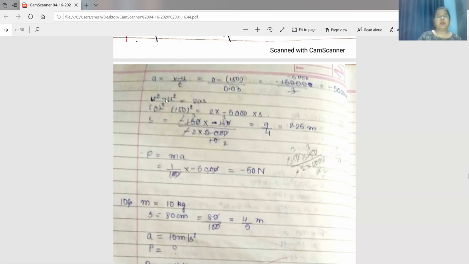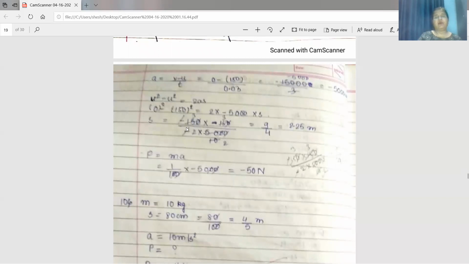Second part, you are asked to find out distance covered. So use third equation of motion. V square minus U square equals to 2AS. V is 0, so 0 whole square minus 150 whole square equals to 2 into acceleration you have got minus 5000 and S we don't know, we are asked to find it out.